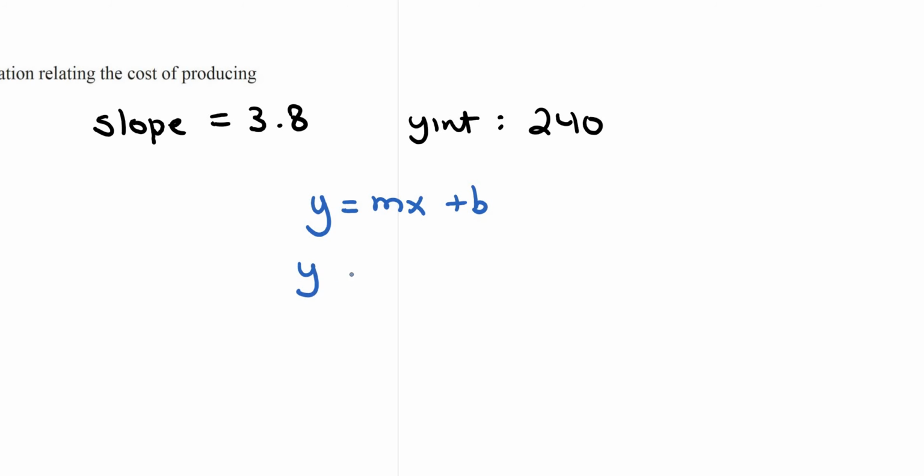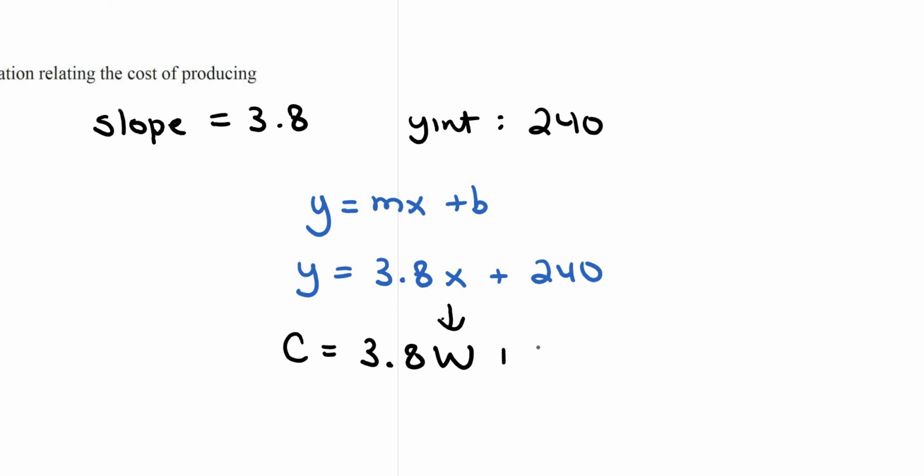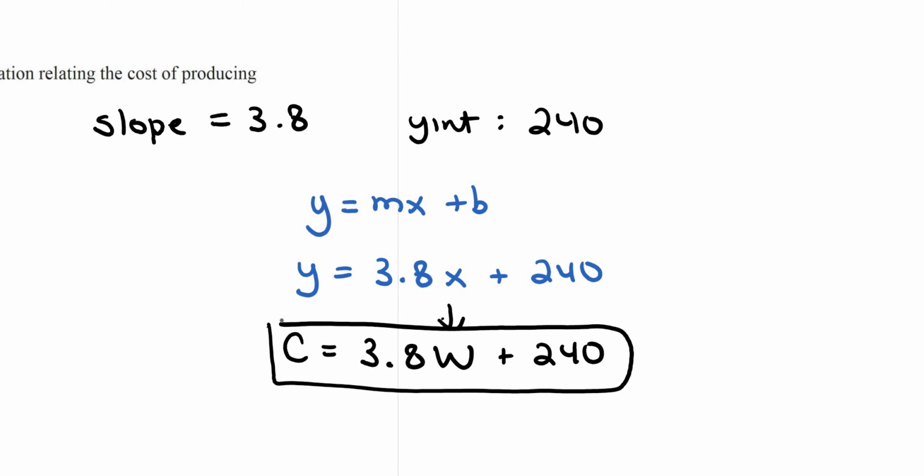That means y equals 3.8x plus 240. And to add the variables here, y would be your cost, and x would be the number of widgets. So cost equals 3.8 times widgets plus 240. That would be my cost equation there.